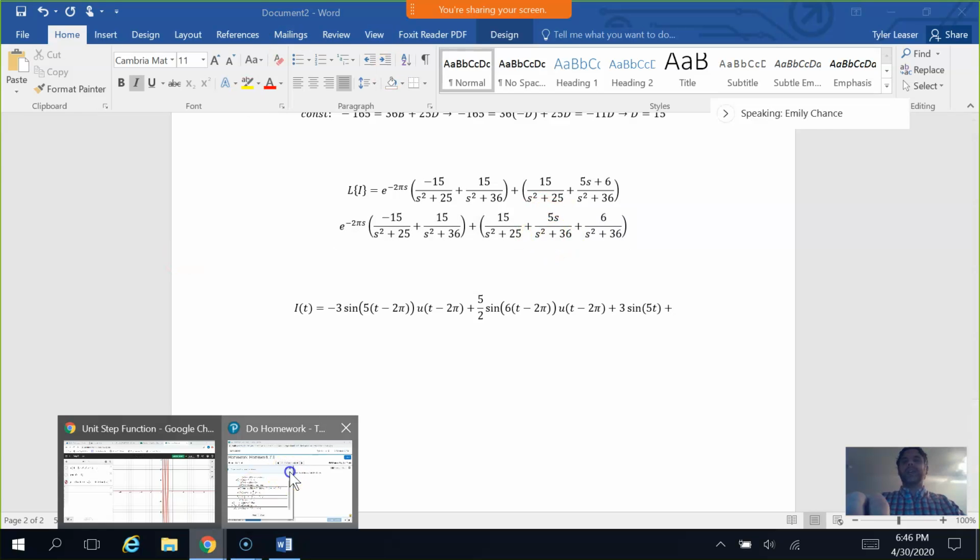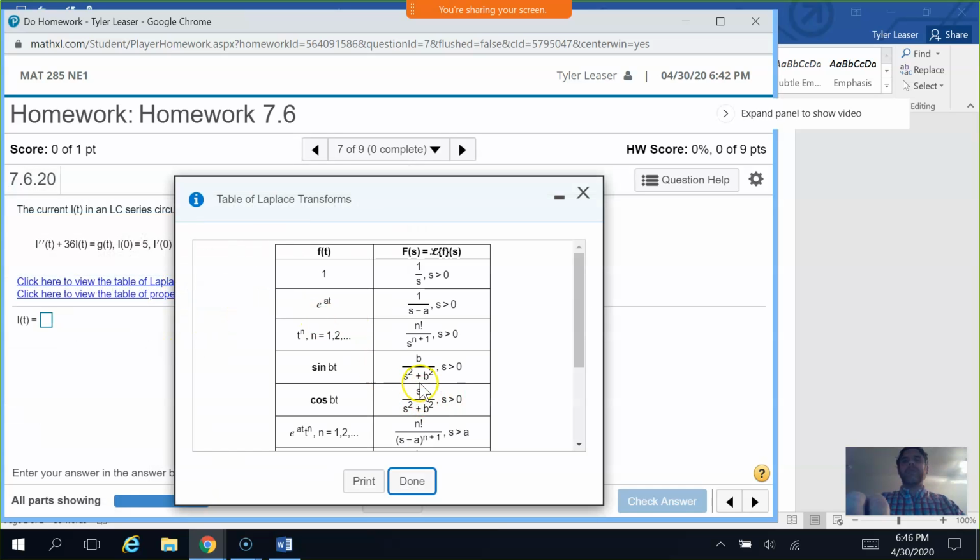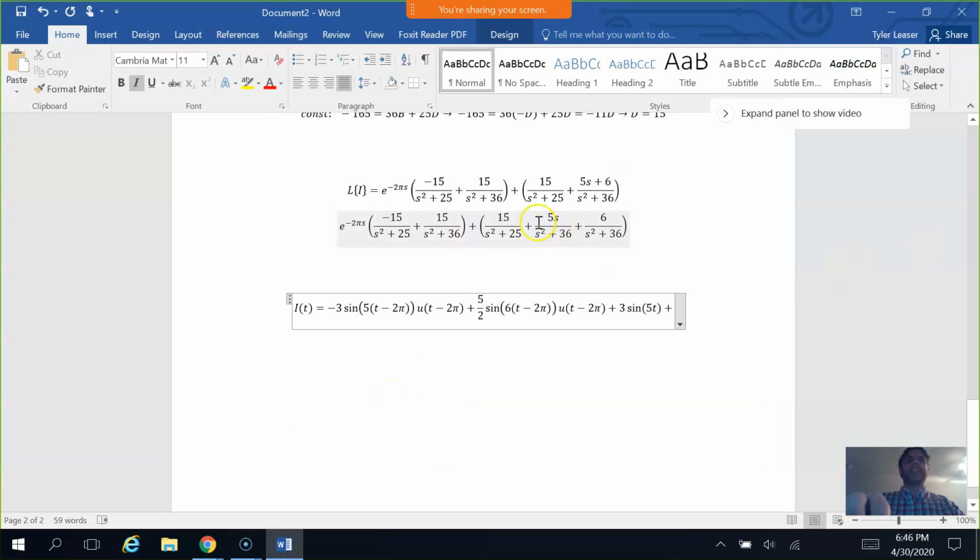So just going back over to my table, whenever you have the s in the numerator, it's the cosine one. So we pull the constant out, and then my b for this is going to be 6. So we're pulling the constant of 5 out, and then it's going to be cosine of 6t. And then the last one is another sine one, so plus. It already has the right numerator, so just sine of 6t.